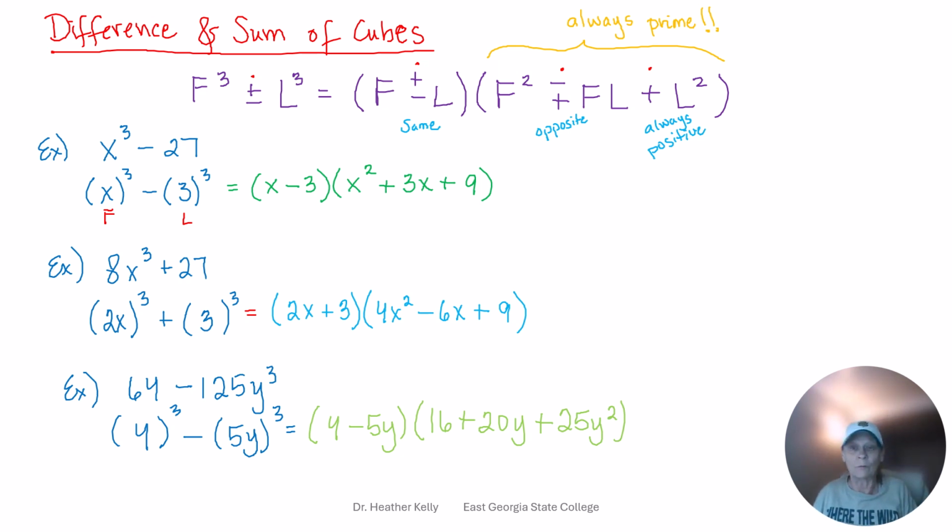When you use the difference or sum of cubes, that quadratic piece, that piece that has the square in it, never factors. Trust me, I spent 2 years of my undergrad trying to test it, but it doesn't ever factor. Okay, so the next idea that we're brought to is called factoring by grouping.